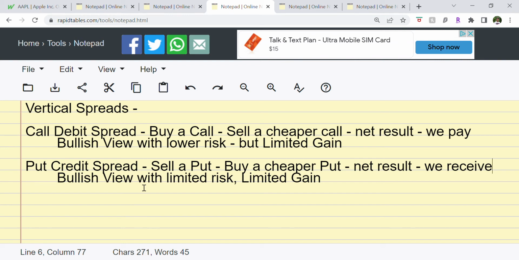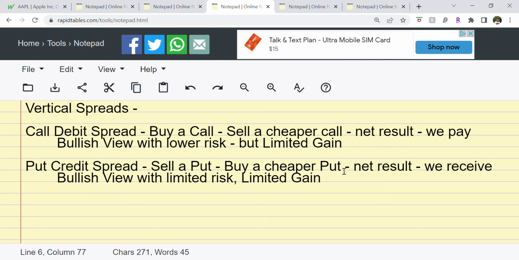It is a kind of sell to open, meaning you have sold first and you are going to buy later. So what do you actually want in this to gain profit? You actually want the price of both these puts to reduce.